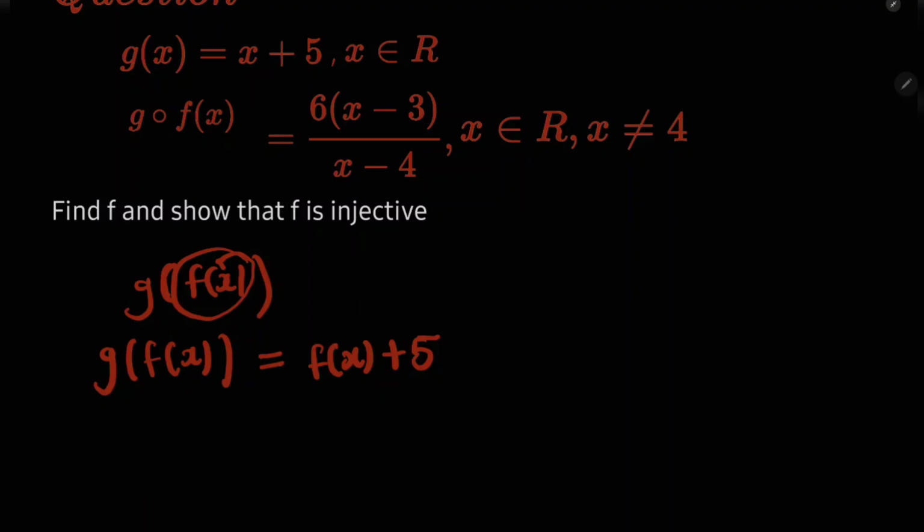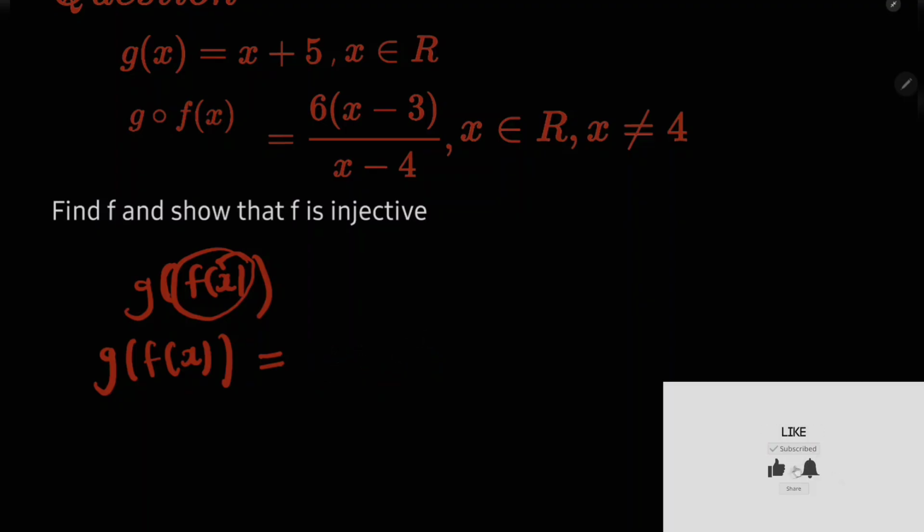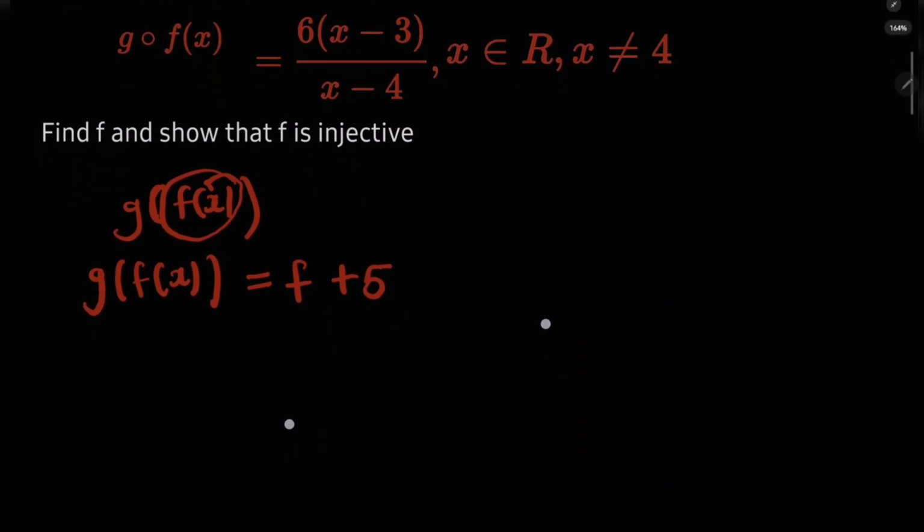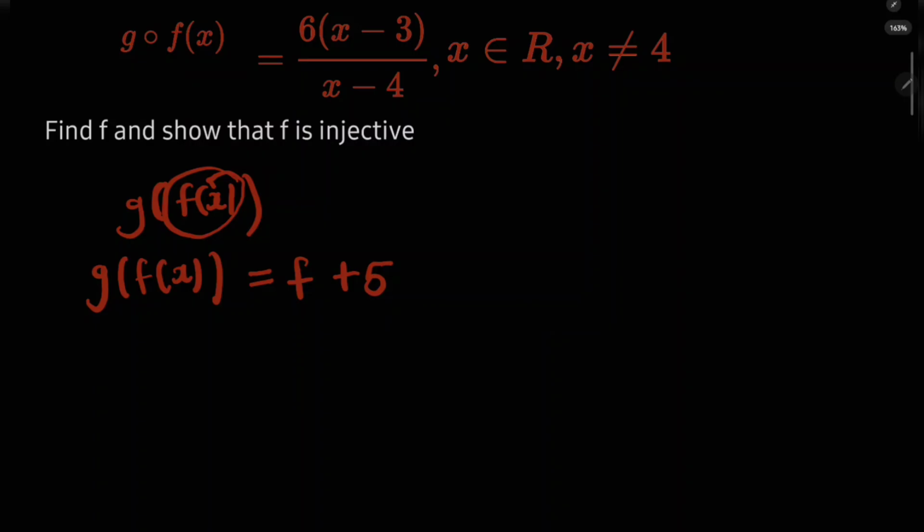Okay, let me erase this and do it again. Let me just put f plus 5 to make it a variable that we don't know. Let's just say f, since if I add the x, it might confuse us in the continuation. So we have f plus 5. This is our g of f of x.